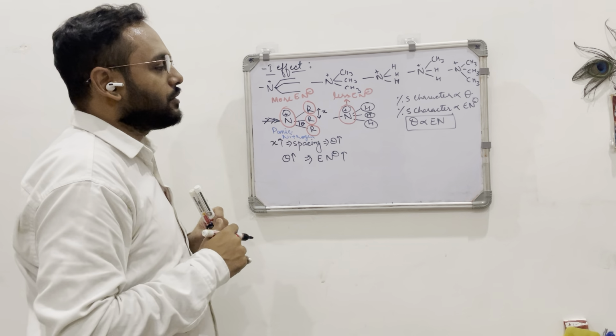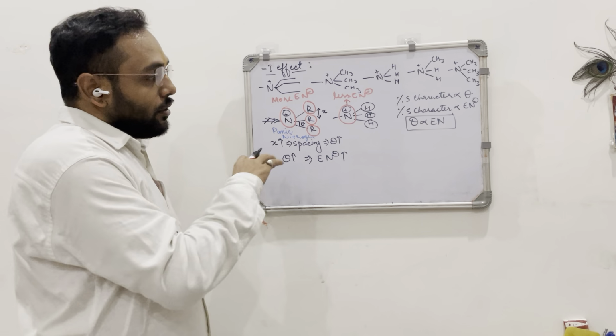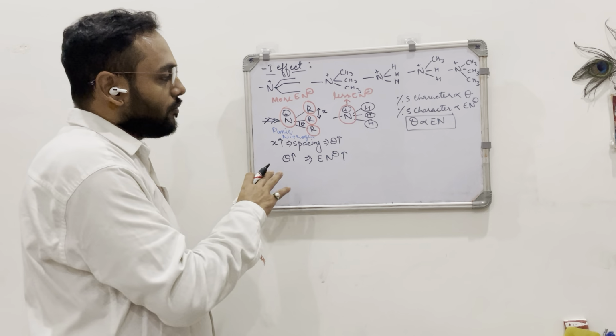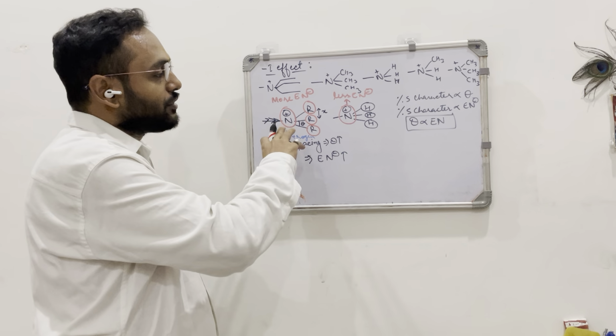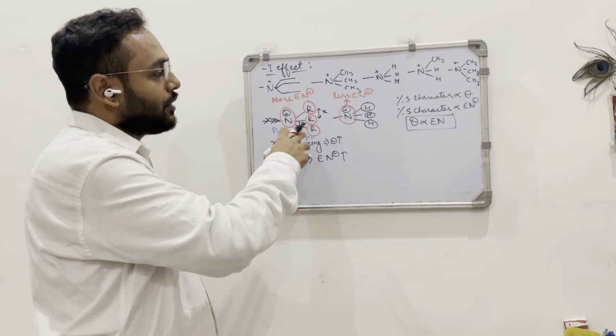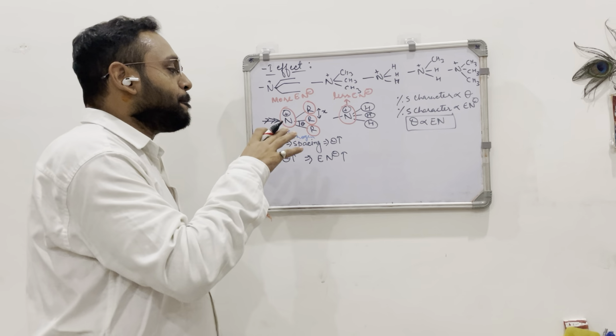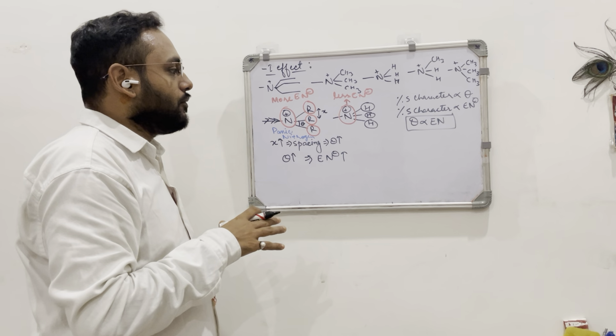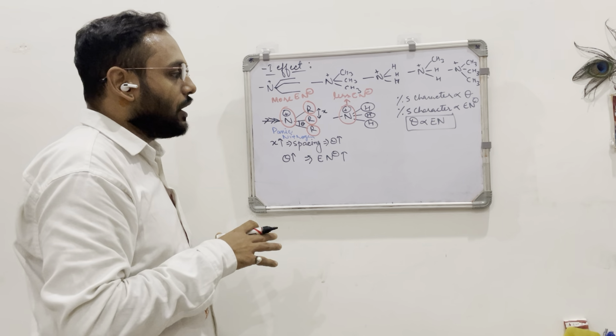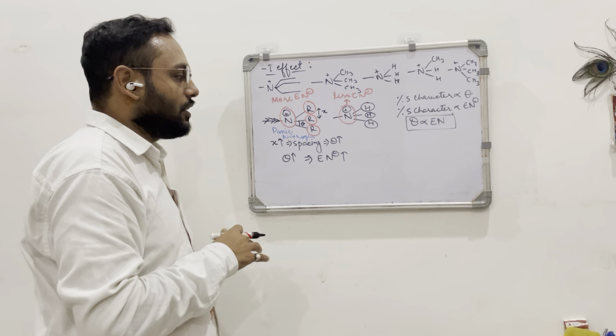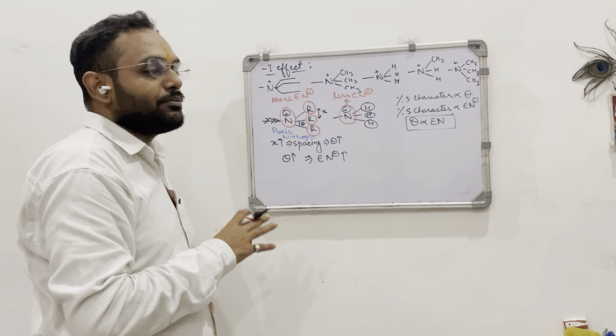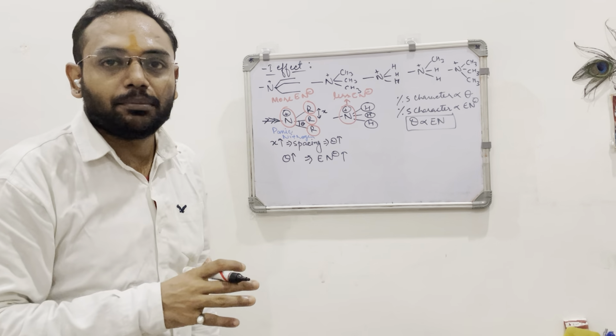So now you see, earlier what we felt by common observation was that NR3 would have been less electron withdrawing as compared to NH3. Now through the concept I can certainly say that NR3+ is more electron withdrawing as compared to NH3+.